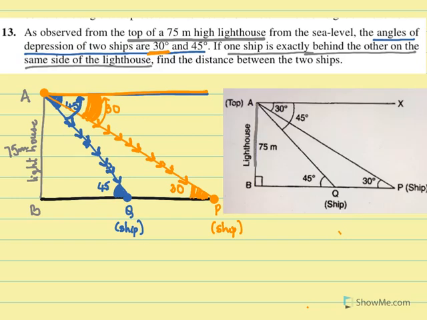So AB was a lighthouse. Here were the two ships, one at Q and one at P, and then we had here a line of sight. This angle was 45. This was 45. Alternate angle, this also is 45. And here we had the other line of sight looking at this ship. This angle was 30. So here also was 30.